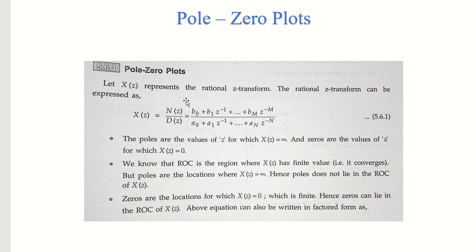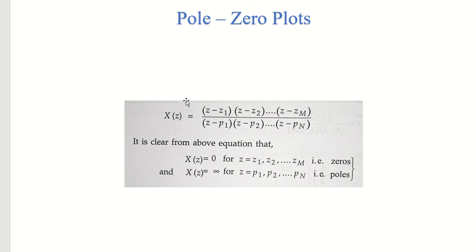And this equation of X of z, including numerator and denominator, can now be represented using this formula: X of z equals z minus z1 multiplied by z minus z2 up to z minus zm in the numerator, and in the denominator you have z minus p1 times z minus p2 up to z minus pn.